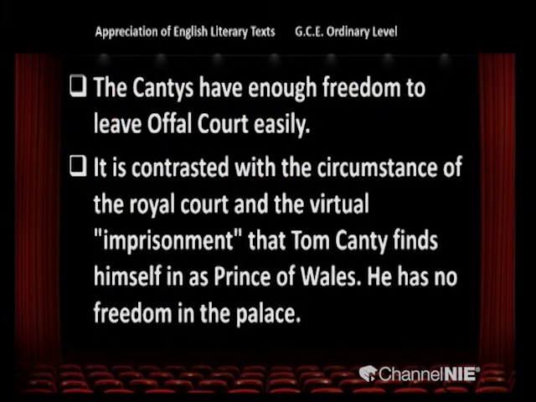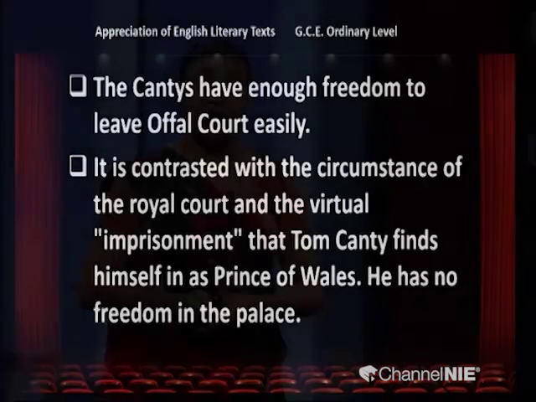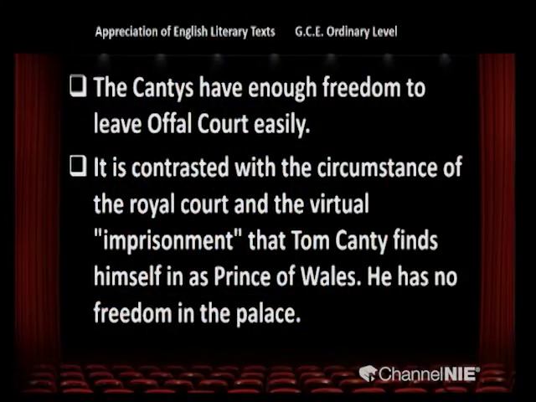The Cantys have enough freedom to leave Offal Court easily. Again, it is contrasted with the imprisonment in the palace. Yes, in the palace, Tom Canty doesn't have any freedom. It is contrasted with the circumstance of the royal court and the virtual imprisonment that Tom Canty finds himself in as Prince of Wales. He has no freedom in the palace.